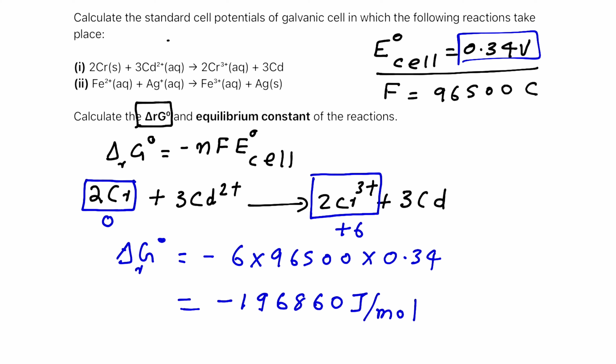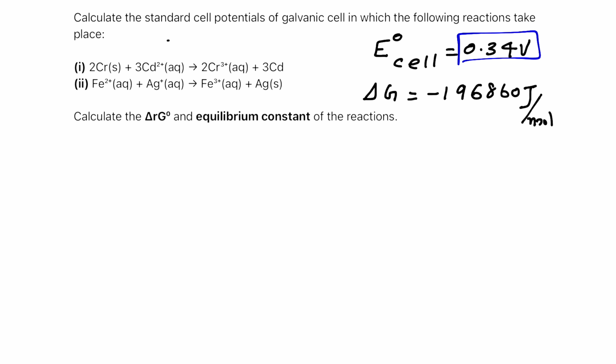But usually we represent Gibbs free energy in terms of kilojoule, so you can write minus 196.86 kilojoule per mole. Hope you understand how to convert joule to kilojoule. Just divide the value by 1000 and you will get the answer in kilojoule.